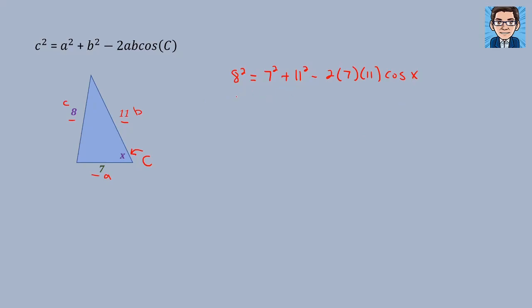All right, now let's do some math. 8 squared is 64, 7 squared is 49, 11 squared is 121, and 2 times 7 times 11 gets us 154. Combine the 49 and the 121, we get 170. Subtract 170 from both sides. 64 minus 170 gets us negative 106.